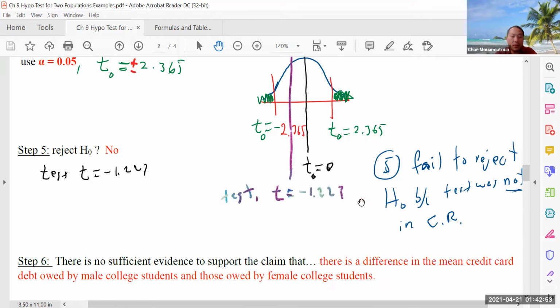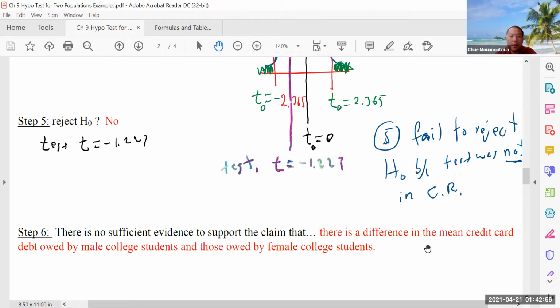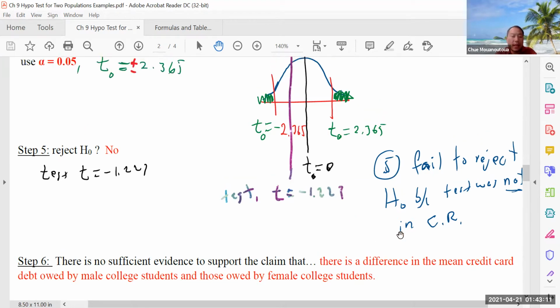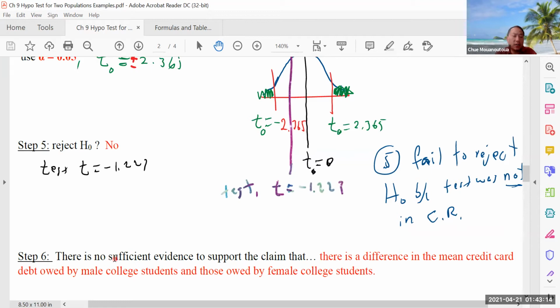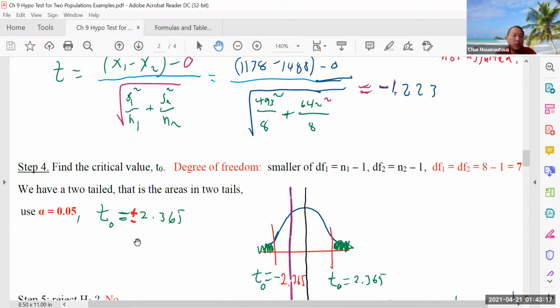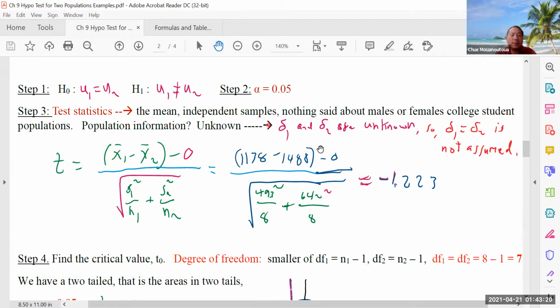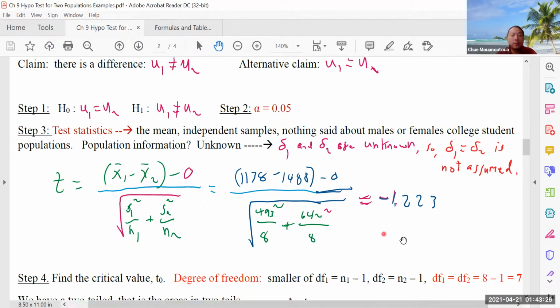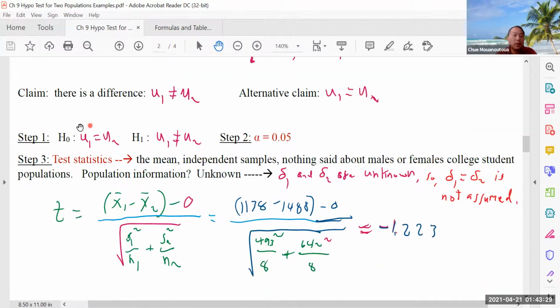Right, next step here, conclusion. The fact that we fail to reject means we have no evidence to support H1. H1 is saying not the same. I'm sorry, mu1 not equal to mu2 tells me that there's a difference.